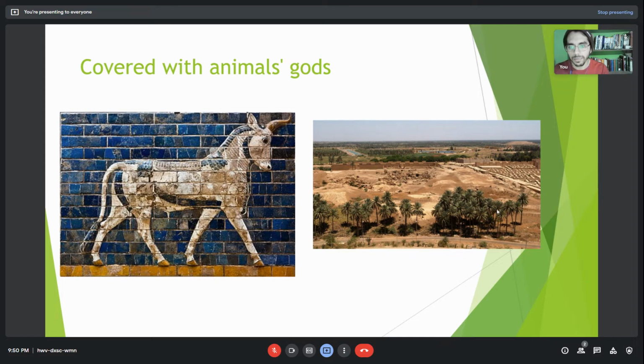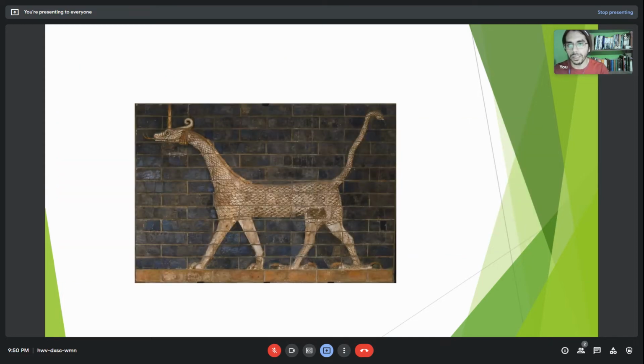The other god was this one, called Mushushu in the Babylonian language. This is a dragon composed of different parts of animals, with the most powerful parts of different animals.